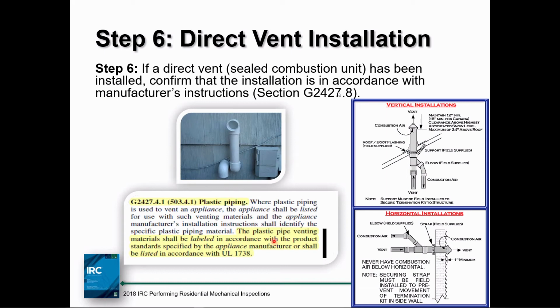It tells us that I've got a plastic pipe venting material labeled in accordance with the product standards based upon the appliance manufacturer. I could use a certain plastic piping, or this is the catch here, the piping that you use shall be listed in accordance with this UL test standard. If you go out there, you'll see some of this pipe. It's a dark color with an orange stripe on it.